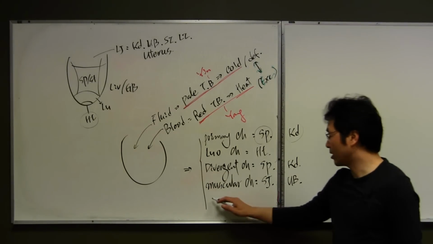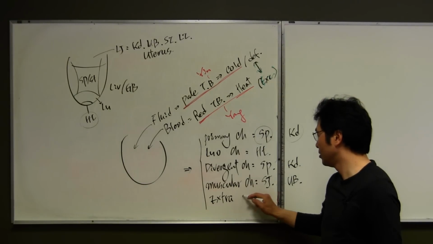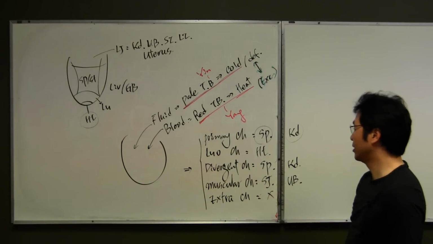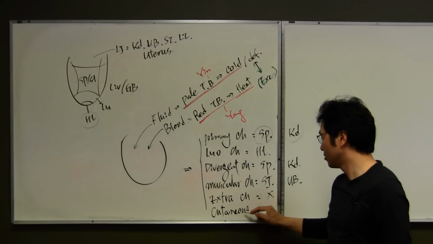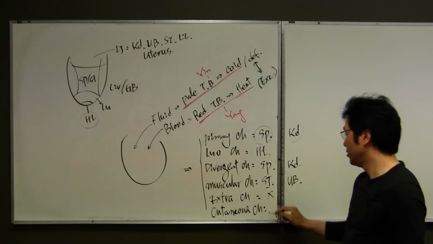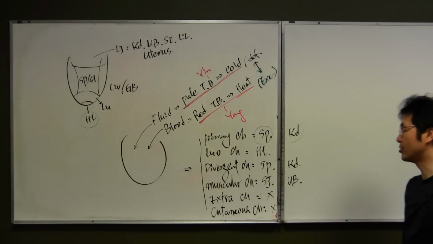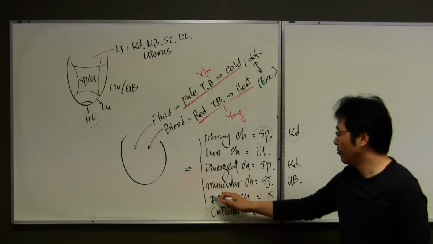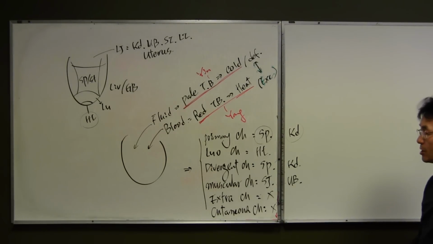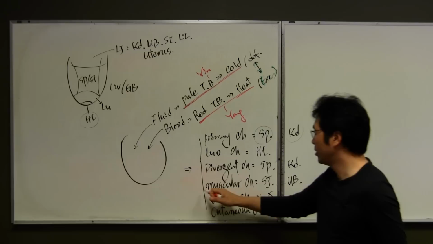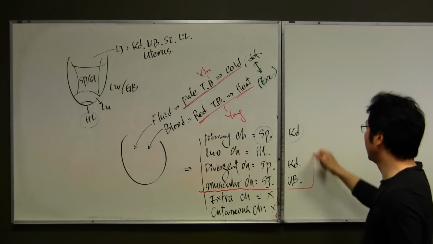And for the extra channels, there's nothing. And also cutaneous, from the skin layer, there's also nothing reaching the tongue area. So we have only six different channel theories, but among the six, only four are related with the tongue directly.